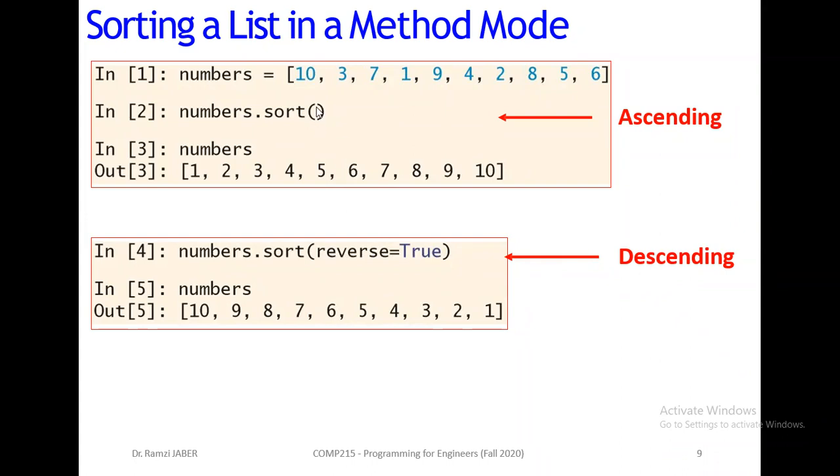Without the option, it will be sorted in ascending order. If I want descending order, we put reverse equal true. So if I want my original list to be sorted in memory, we must use this kind of method.